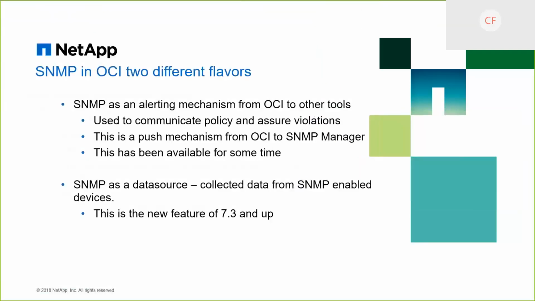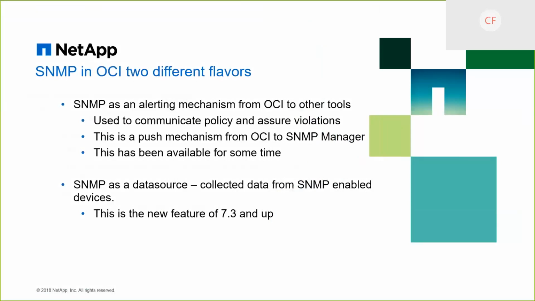Now, SNMP and OCI, two different flavors. First of all is an alerting mechanism. That is, one of the things that OCI does, and does well, is note violations of performance requirements, things like paths to storage not working correctly and things like that, and it generates alerts.